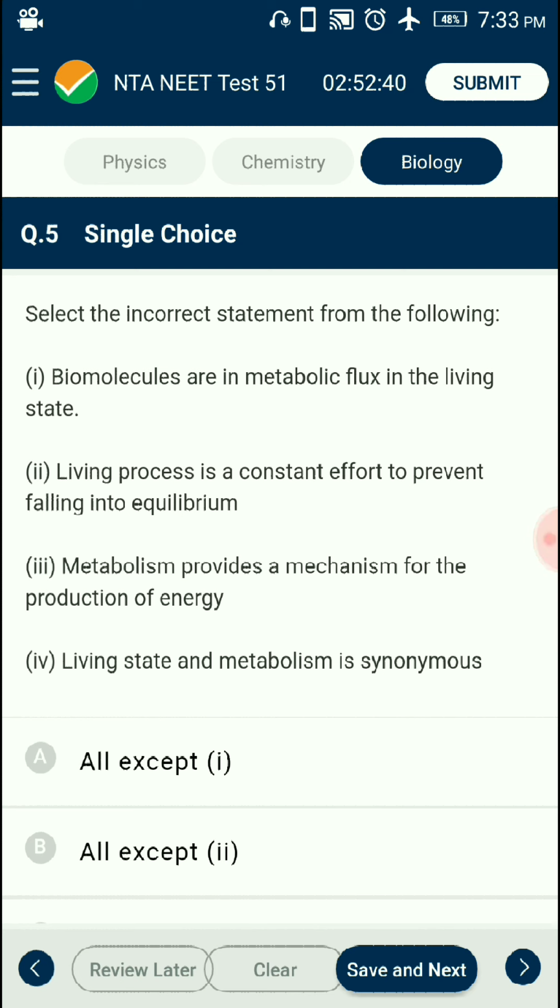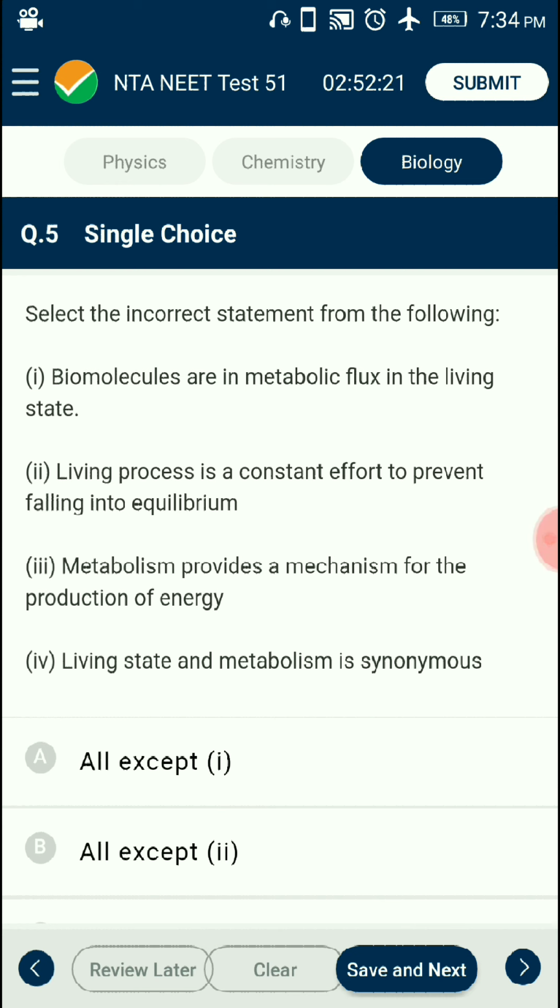Question number 5. Select the incorrect statement from the following. Here 4 statements are given. Within an organism, there is a constant making and breaking of molecules via chemical reactions, and these reactions collectively are called metabolism.